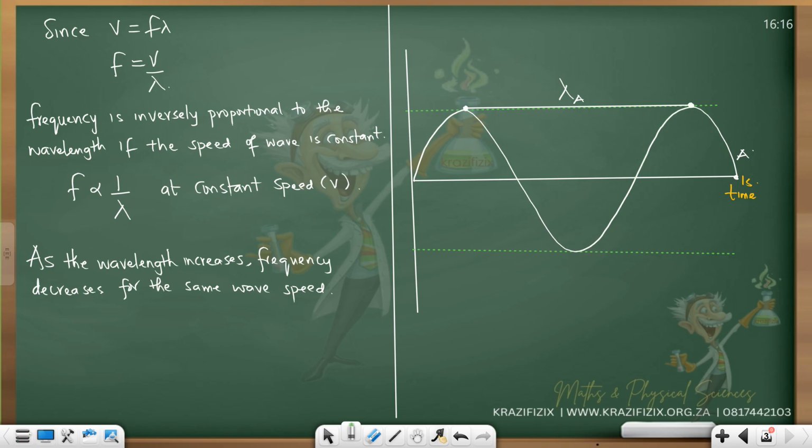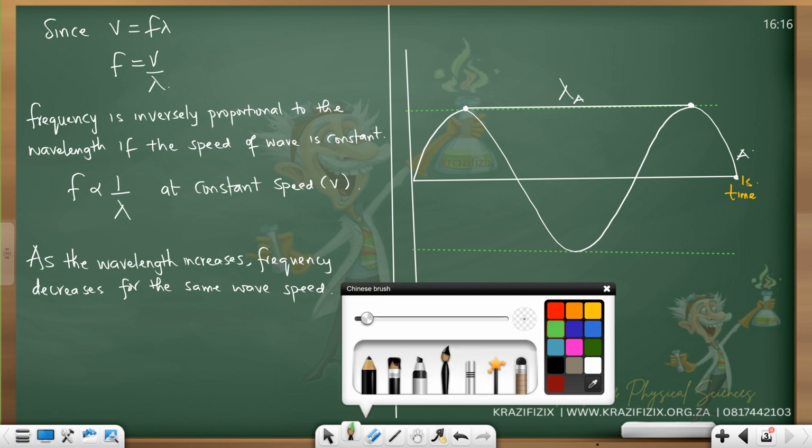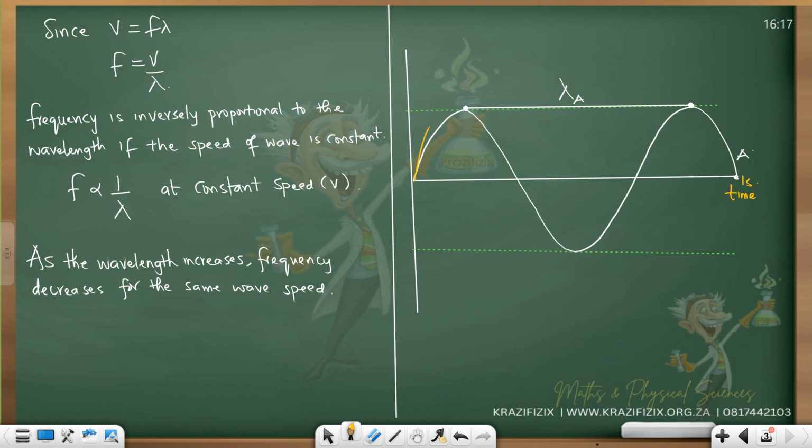If I decide to increase the number of waves, check something here. I'm going to use a yellow one so that you're not confused. I'm keeping my amplitude the same, but I decide to increase the frequency of the wave. Look at the yellow one.